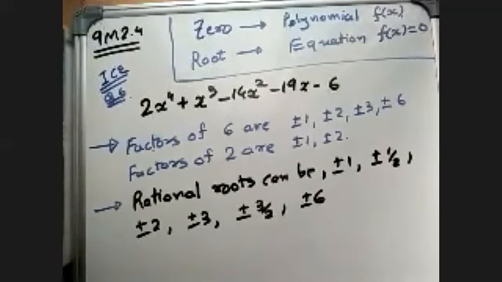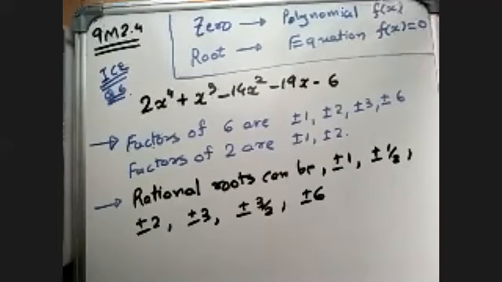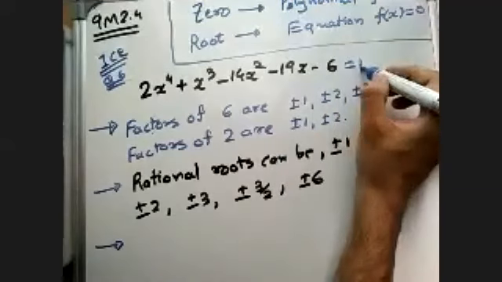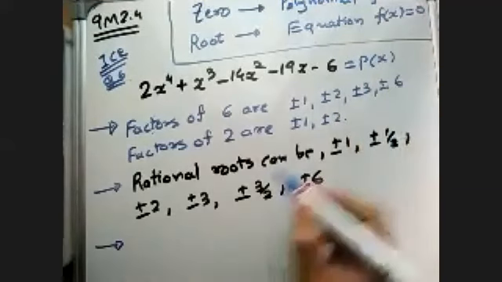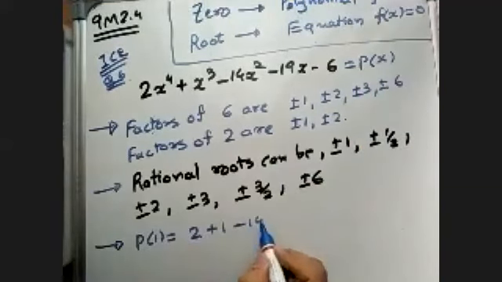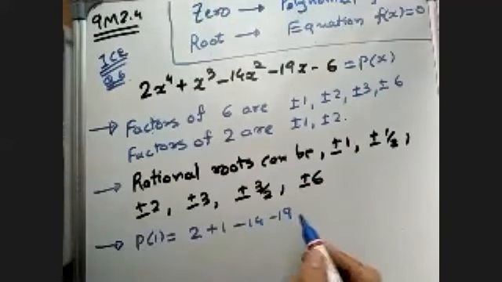So first we will start by trial and error, right? Let us try to find its factors. So here, if I take this as p of x, then for x equal to 1, my p of 1 will be 2 plus 1 minus 14 minus 19 minus 6. Definitely it is not equal to 0.